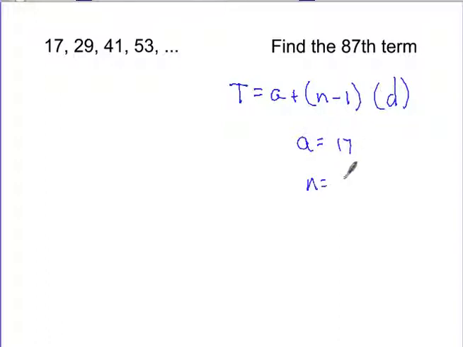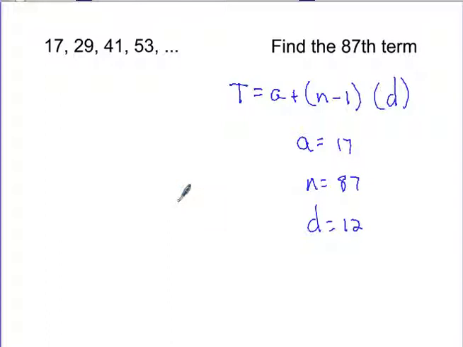What is the formula? T equals A plus n minus 1 times D. And then A is 17. N? 87. And D, 12. Yeah, 12. Okay. I hear a phone going off.